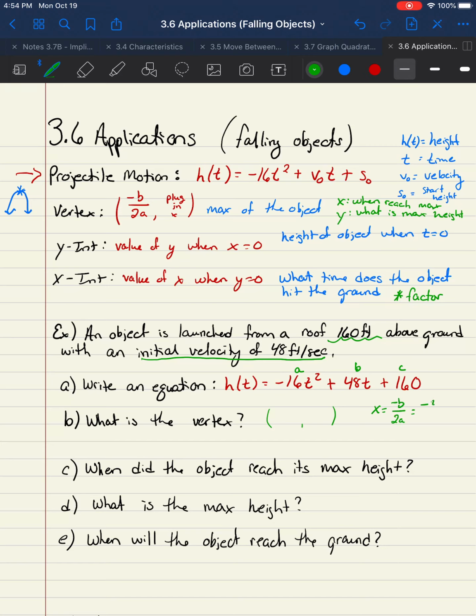What is the vertex? Well, to find the vertex, I know I'm going to get a coordinate x, y. Well, I have to find the x first. x equals, we used a little baby formula. So negative of, what's our b term? Over 2 times, what do we have for a?